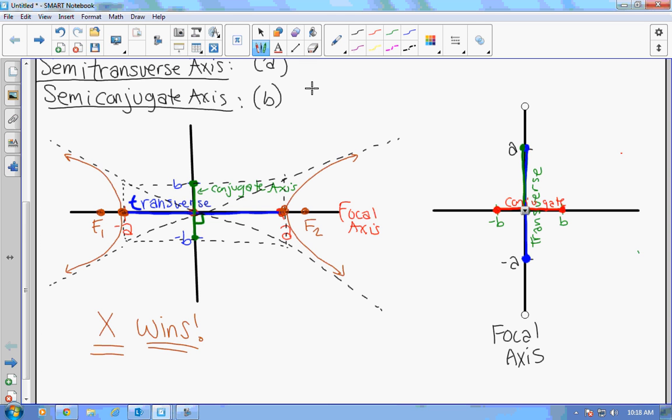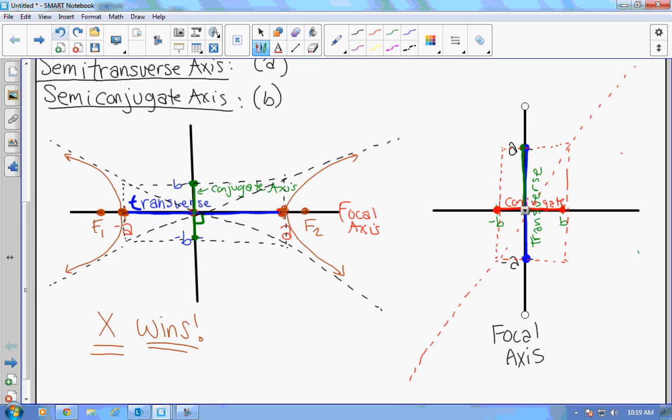After that, we draw vertical dashed lines through B and A until we see the box forming. Horizontal through A, vertical through B until I'm even with A. And then through the diagonals of the box, we have asymptotes that the hyperbola will never cross.